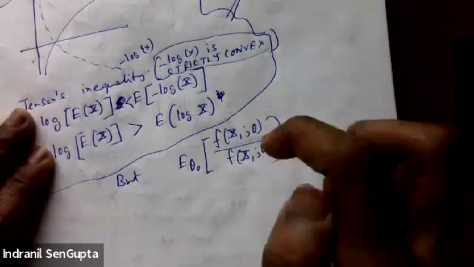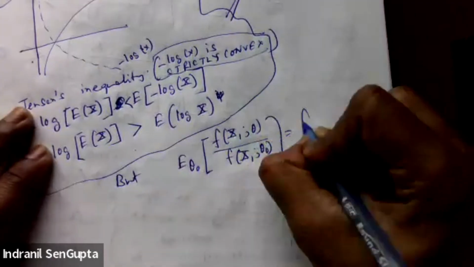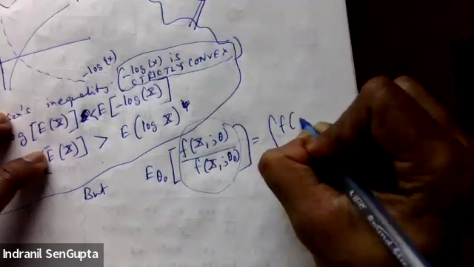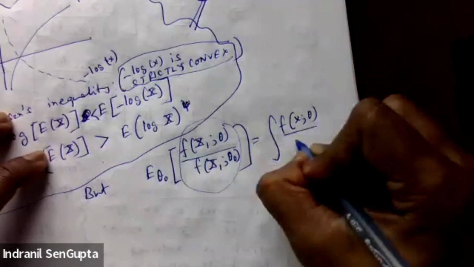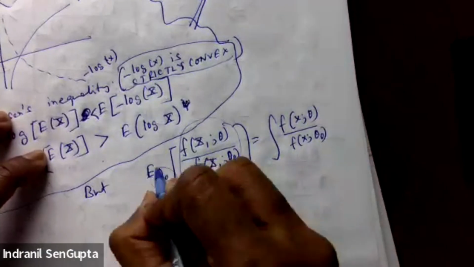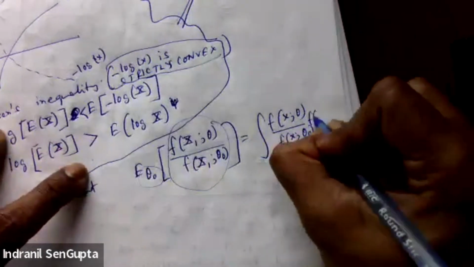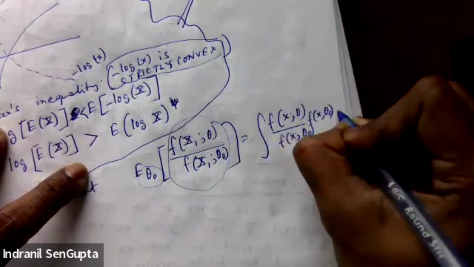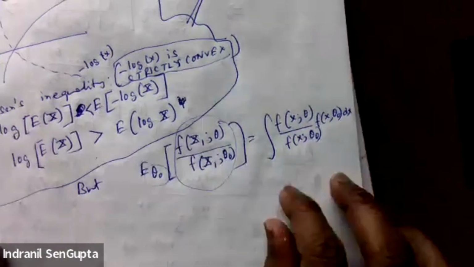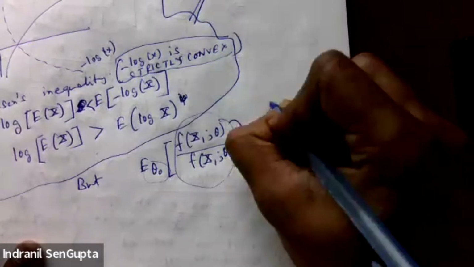How do we compute this? This is basically the integral of f of x theta over f of x theta 0, and since it's an expectation with respect to theta 0, I have to multiply with f of x theta 0 dx, from minus infinity to infinity.